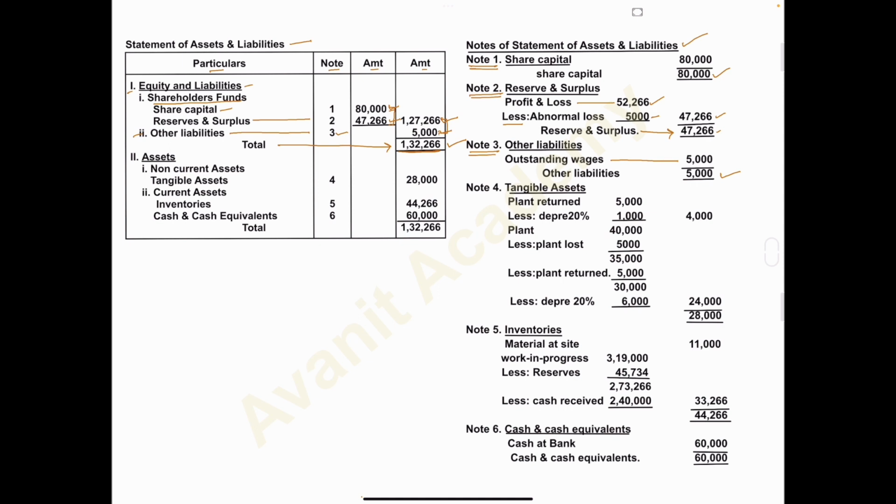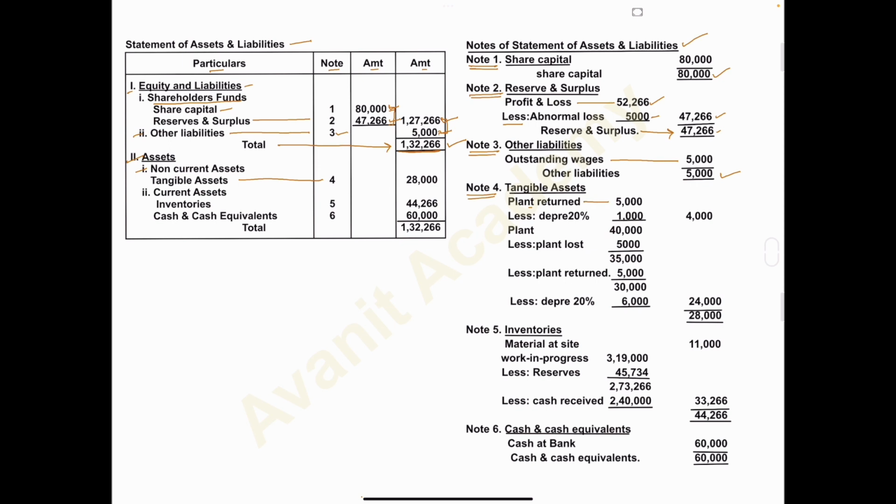Next one we will see asset. Second head, main head, asset. In that first we have to take non-current assets. In that tangible asset. For that we have to prepare note number 4. See note number 4, tangible asset. In that first we will take plant returned.